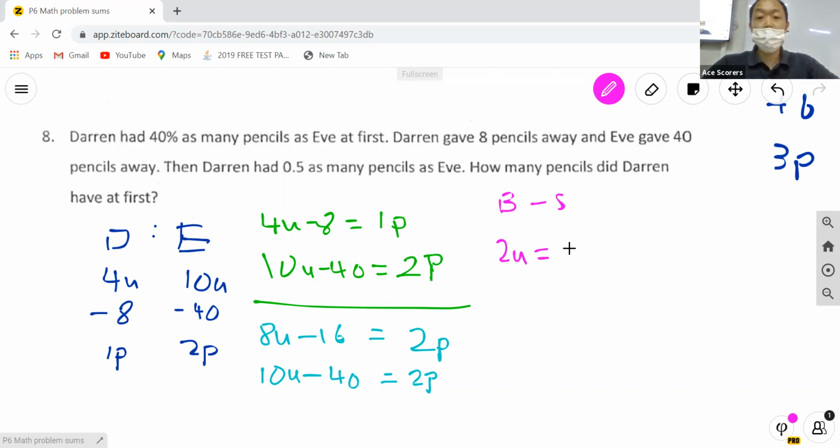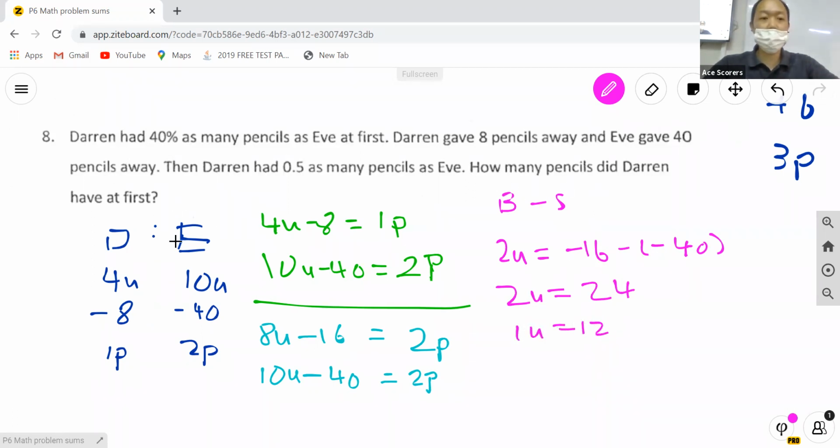So here is minus 16 minus 40. Okay, so this is the part that most people confuse, which is understandable. So if you take your calculator, you press negative 16 minus 40, you're going to get 24. So 1u equals 12.